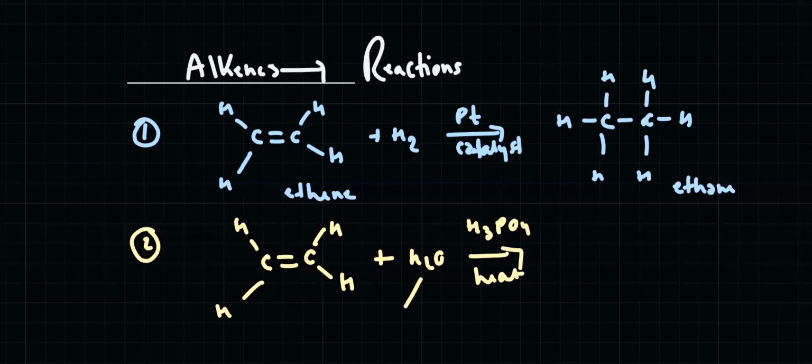Since I drew a symmetrical hydrocarbon, it doesn't really matter where the OH and H go. But if I had an asymmetrical hydrocarbon, then of course you have to understand that the OH would choose to be with the carbon that has the alkyl radical, and H would want to be with the terminal carbon, as in the one that has more hydrogens, to form the major product, and the reverse would be your minor product.